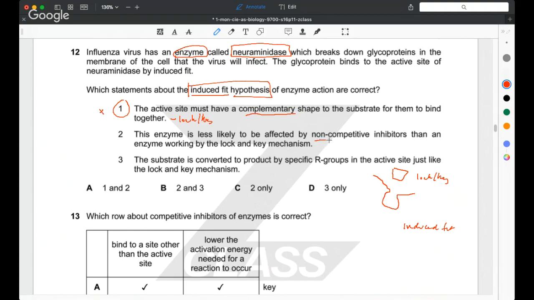So non-competitive inhibitors, those are inhibitors that bind to somewhere else in the protein chain and then distort the entire enzyme.